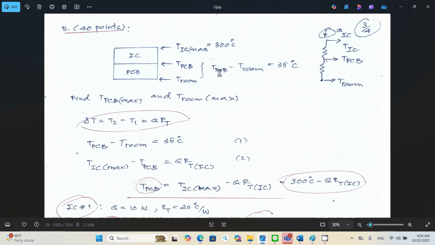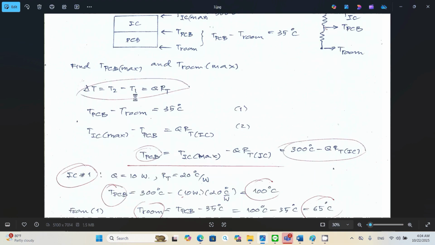And the difference of PCB temperature and the room temperature is equal to 35 degrees Celsius. This is your thermal resistance network. As you define TPCB max and T room max, by applying delta T, T2 minus T1, equal to Q RT.